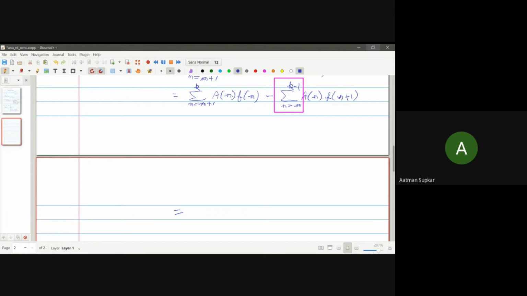Now you can write this as summation n equals m plus 1 to k minus 1, a n, f of n minus f of n plus 1. Let me check the indices. I want to be a bit careful.